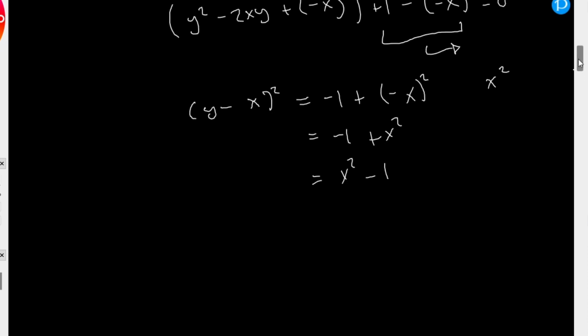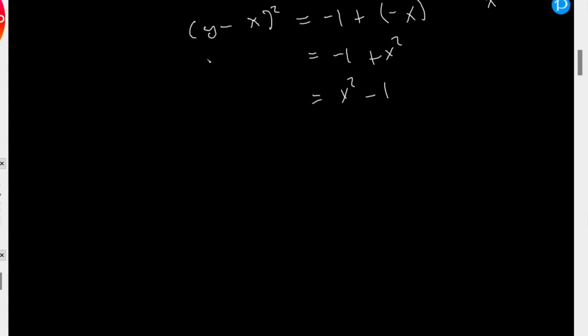For the sake of me being lazy, I am going to square root both sides, and then we have y minus x is equal to the square root of x squared minus 1, and then add x to both sides.